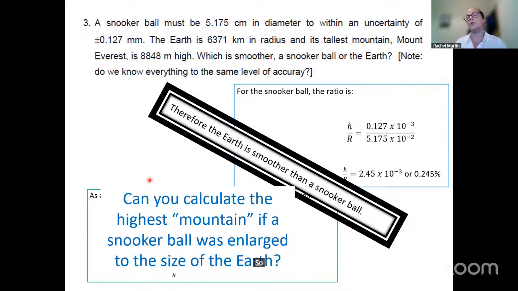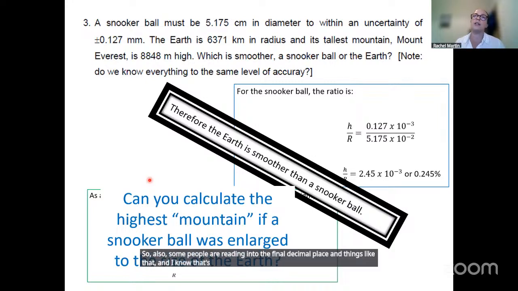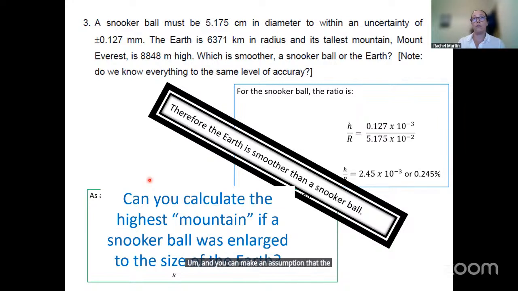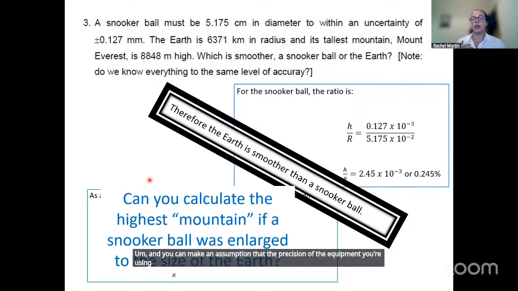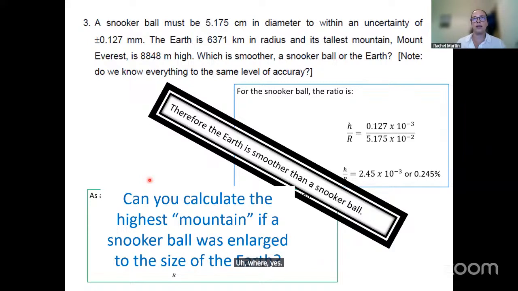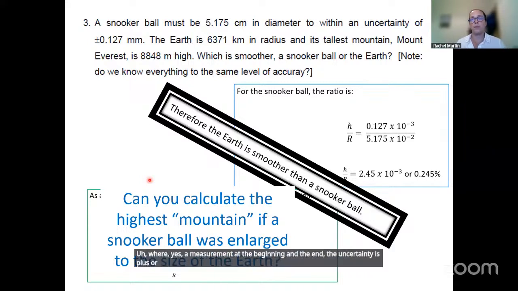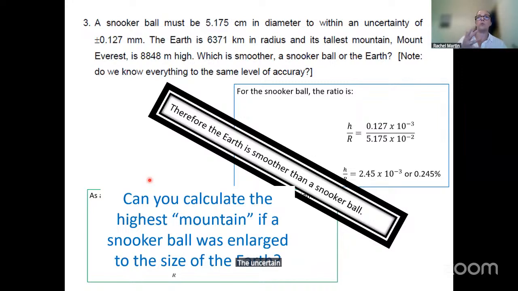So also some people are reading into the final decimal place and things like that. And I know that's how you read uncertainty from a table. You can make an assumption that the precision of the equipment you're using is shown by how the data is presented in a table. But also, if you're measuring length with a ruler, we use that rule in A-level, where yes, for a measurement at the beginning and the end, the uncertainty is plus or minus half a millimeter, but for the measurement of the whole length of something, because you're making two judgments, the uncertainty on a ruler is 1 millimeter, for example.